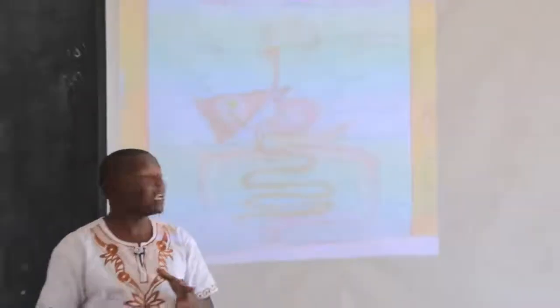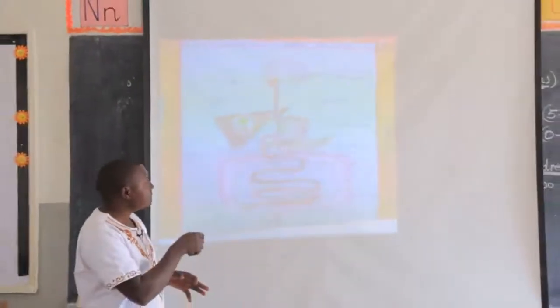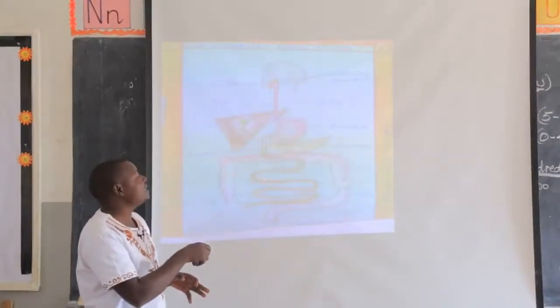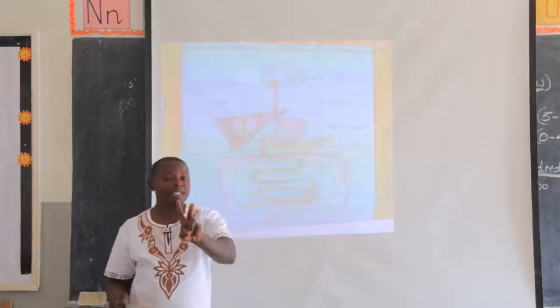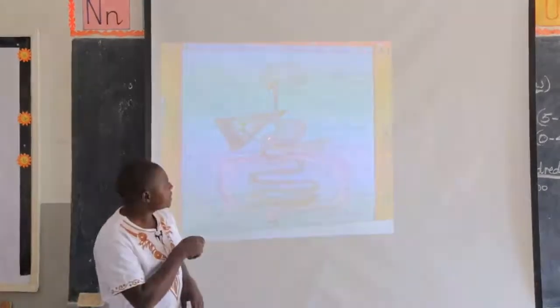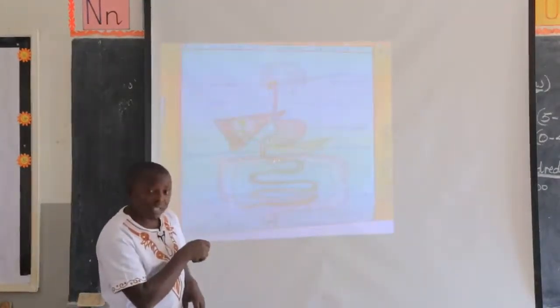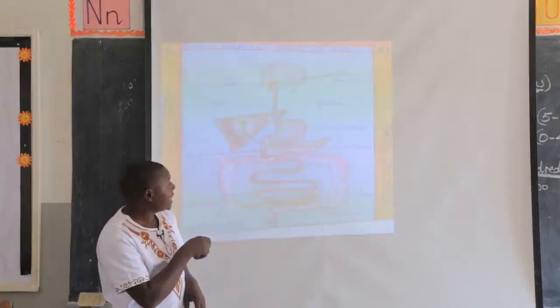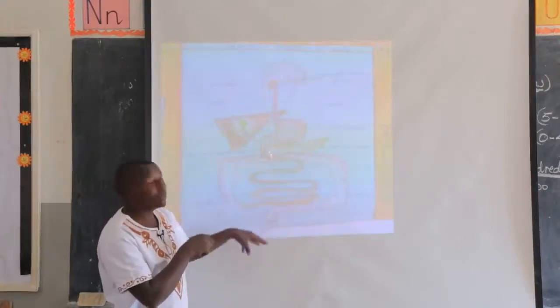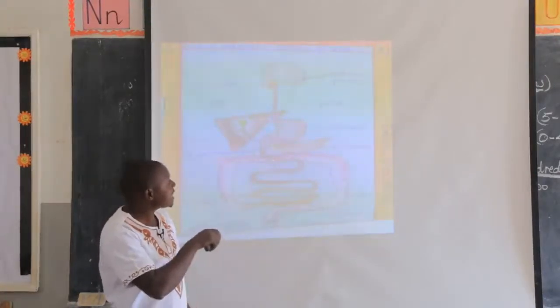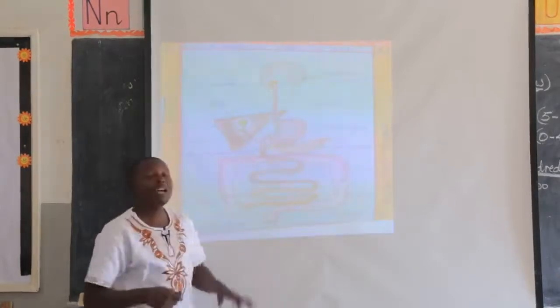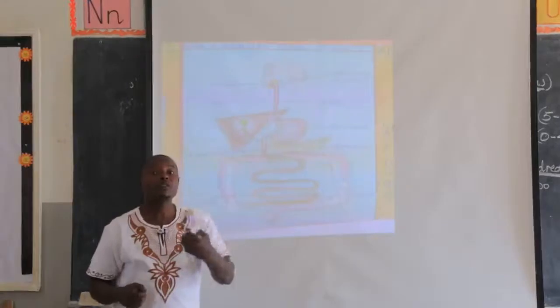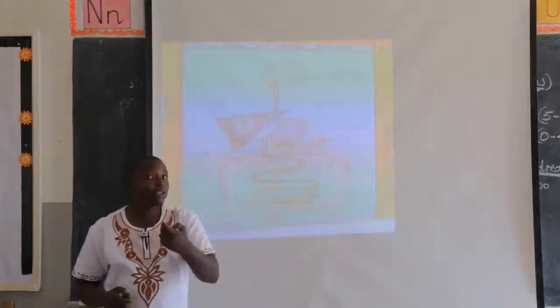But first we shall look at the small intestines. We say the small intestines are made up of two parts. One, the duodenum, which is the first part of the small intestines. The second one is the ileum, the second part of the small intestines.